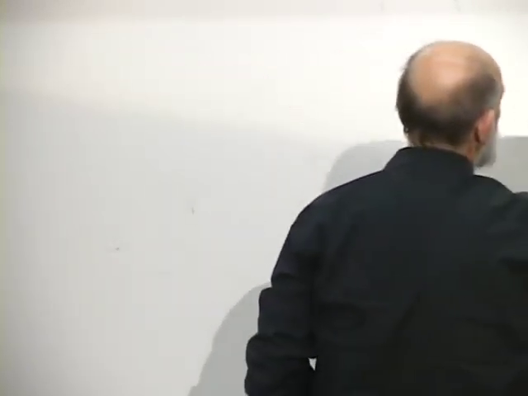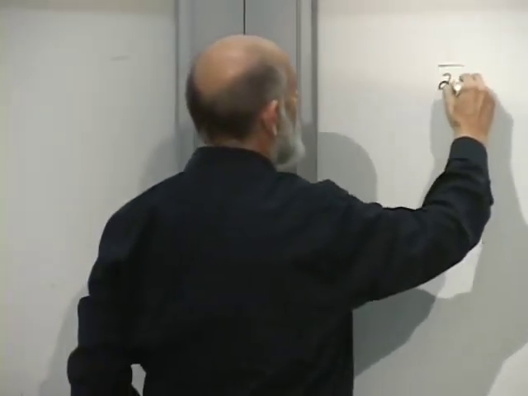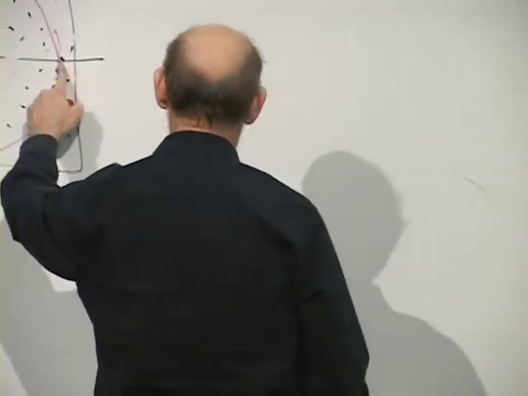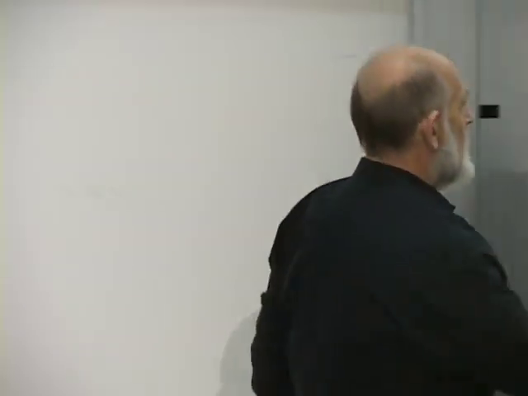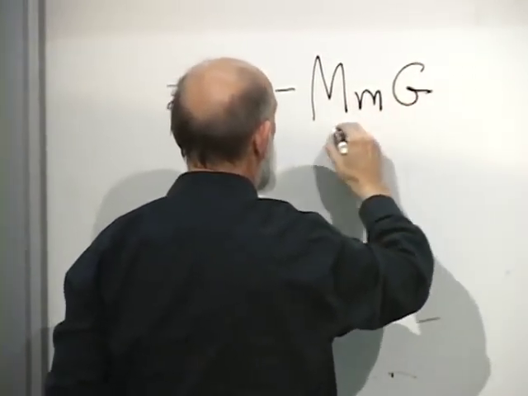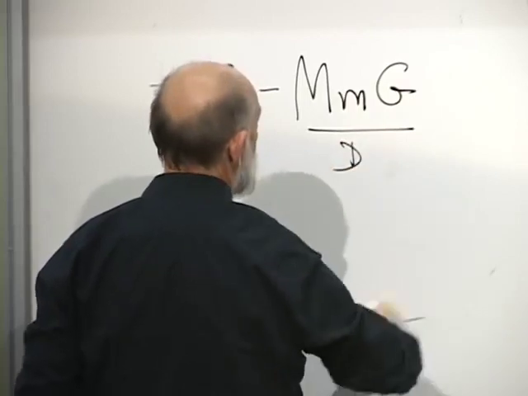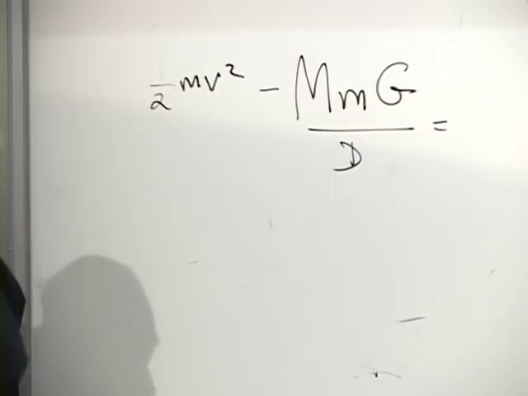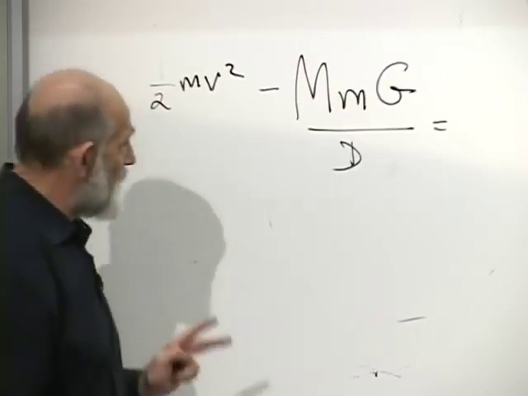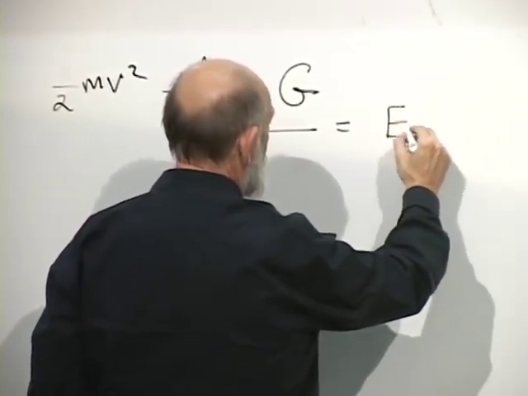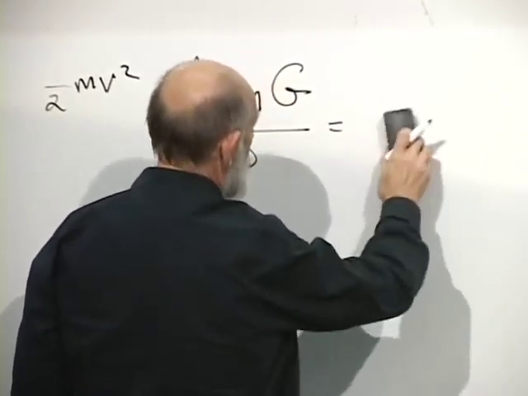Let me write it out again. 1/2 m v squared, where v is the outward velocity of this point, minus capital M, little m, G over the distance, is equal to something which is fixed with time. Fixed with time does not change with time. For that particular galaxy, let's just call it the energy, or let's just call it a constant.